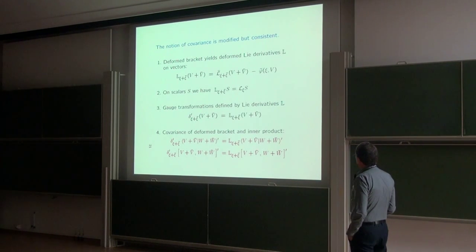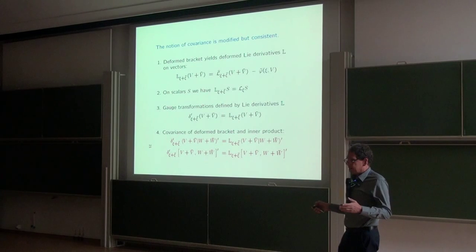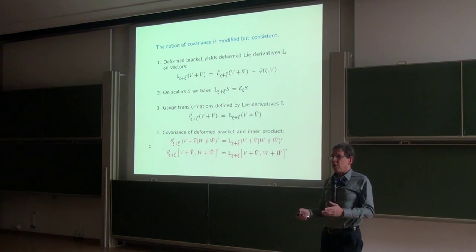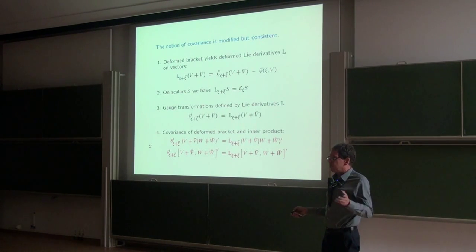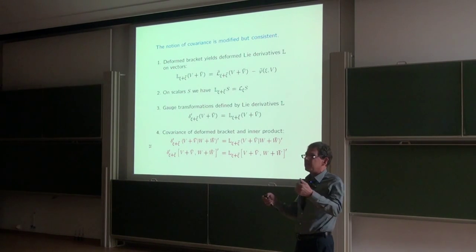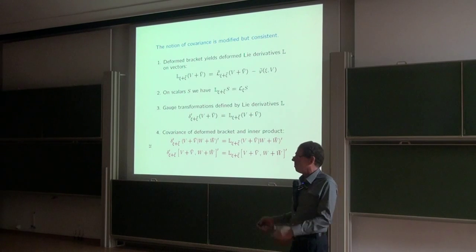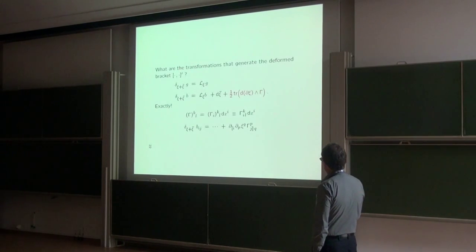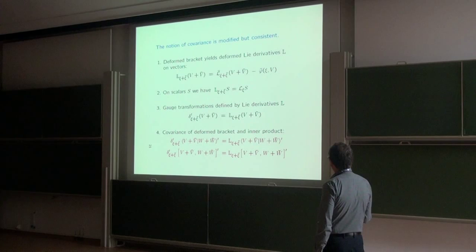Now, you would say Courant brackets are based on ordinary geometry. You're adding a derivative, you're ruining the geometry probably, but you see, you're getting a consistent bracket, so it's just a deformed geometry with deformed Lie derivatives.